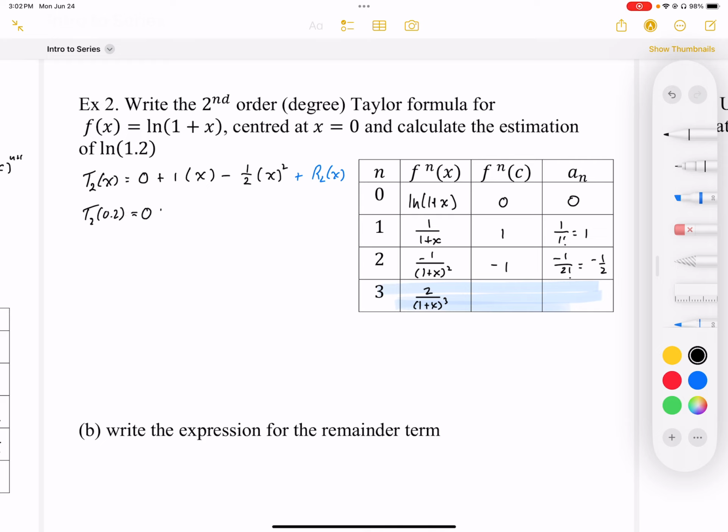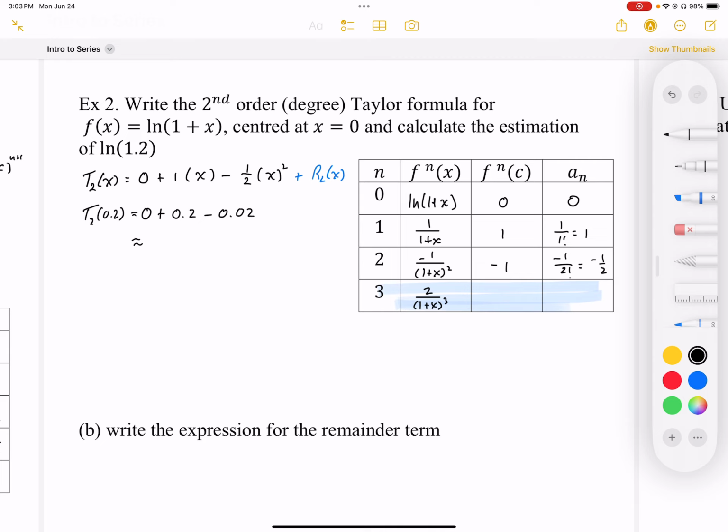So we end up with 0 plus 0.2 minus, in this case, 1/2 times 0.2 squared, which is going to be 0.02.